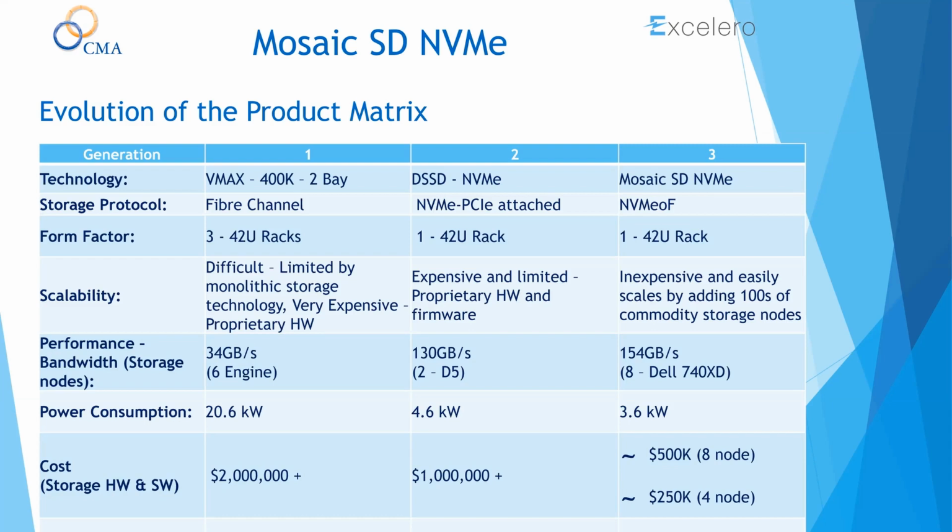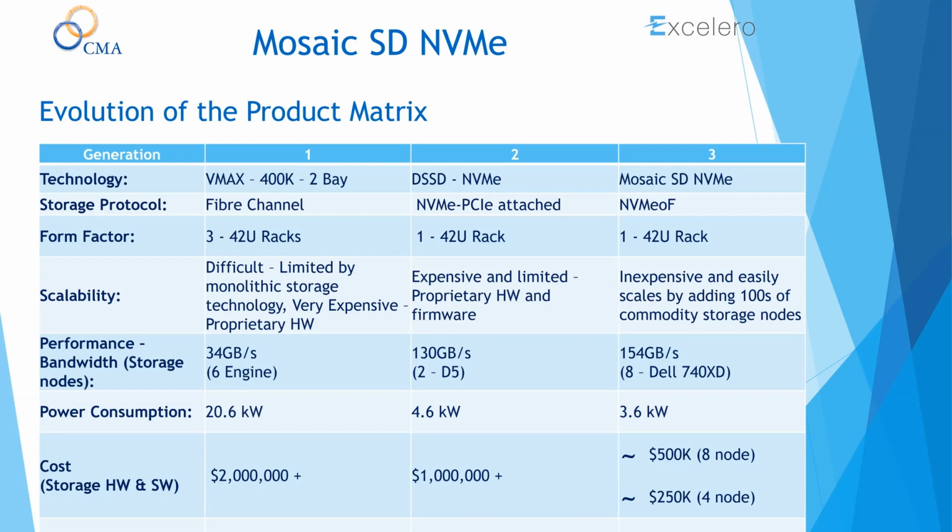The performance, again, we see just great performance. On the left-hand side, the high-end storage arrays are down in the 30 to 40 to 50 range for performance and bandwidth. And over on the Mosaic SD NVMe now, we're up in the 150, 160, and actually close to 200 gigabytes per second with the latest Dell 740XT servers, which increase the number of PCI lanes that come out of the NVMe drives themselves.